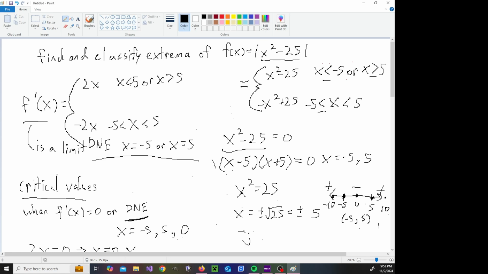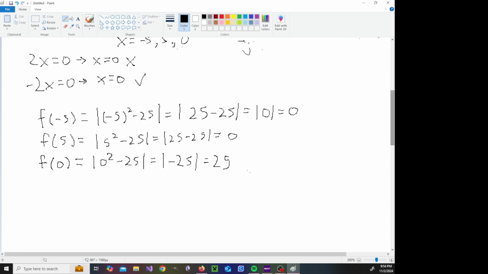Because the absolute value function is the thing happening on the outside. Is it possible to get a negative number out of an absolute value? No. So the lowest the absolute value can ever go is if the absolute value reaches 0. Well, it does that. The absolute value does attain a value of 0 at these two x values, x equals -5 and +5.